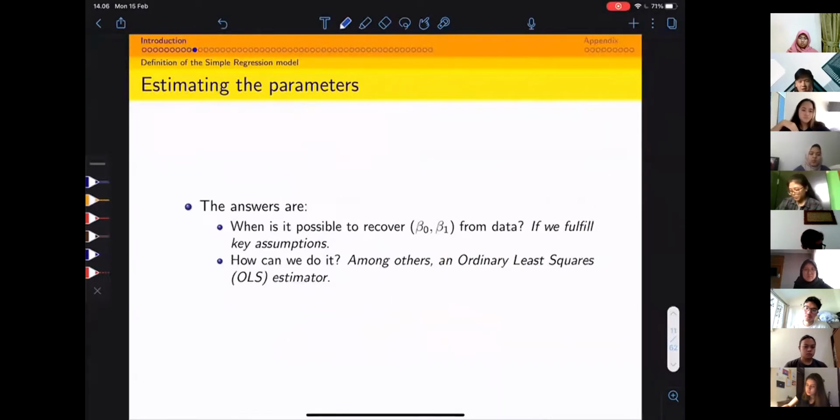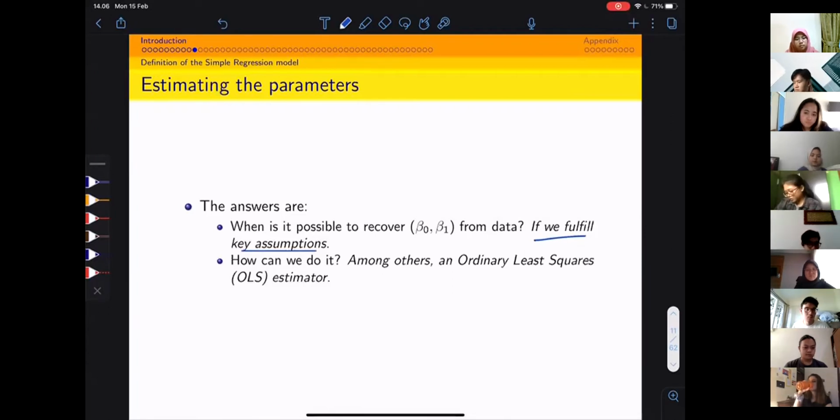Okay, so the first question is, how do we recover beta 0 and beta 1 from the data? Before we do any estimation and before we do anything technical, what we need to do is fulfill key assumptions in the model.